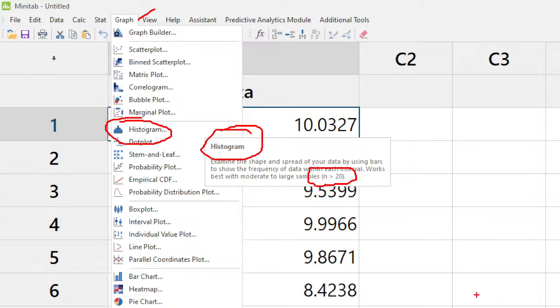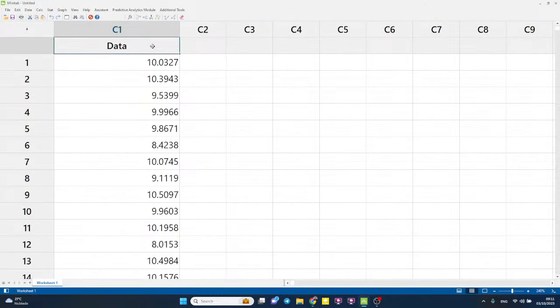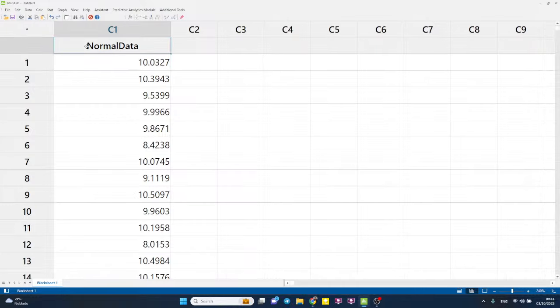Yeah, what do I mean by shape? And by the way, let me do something here.